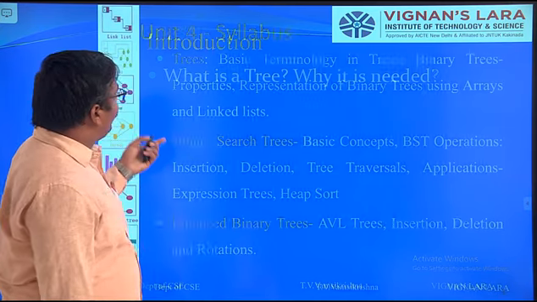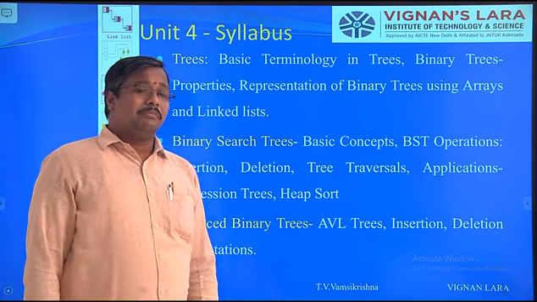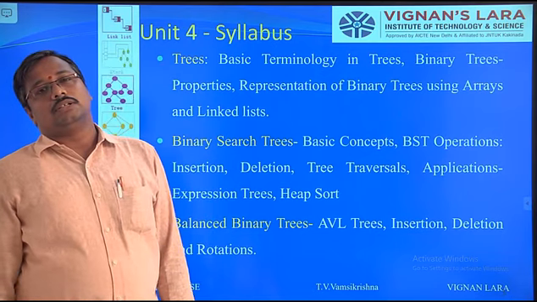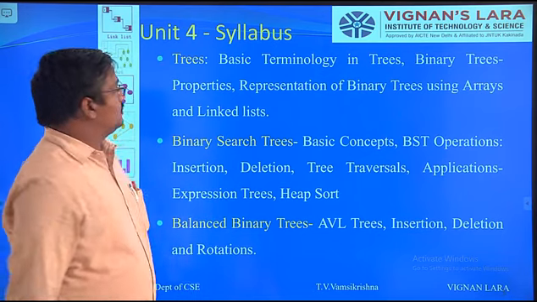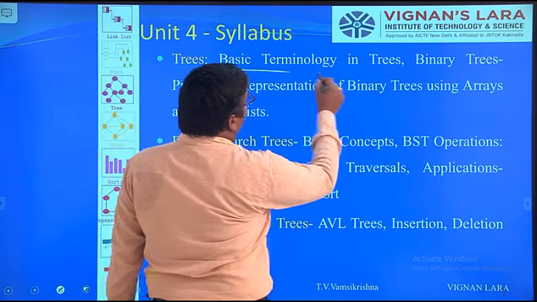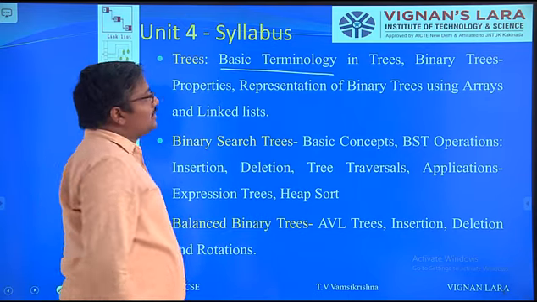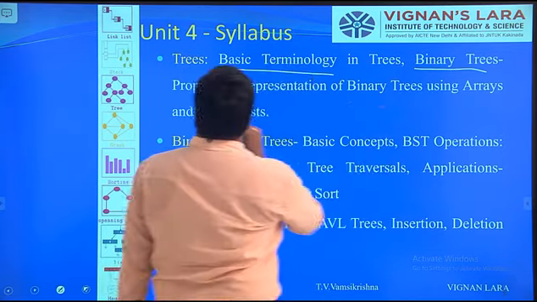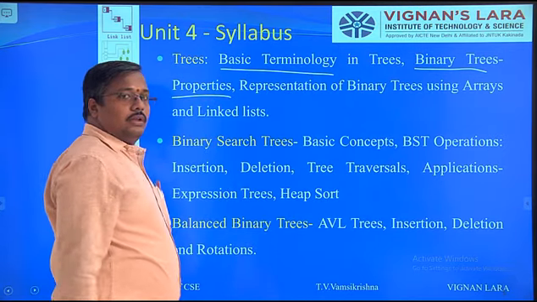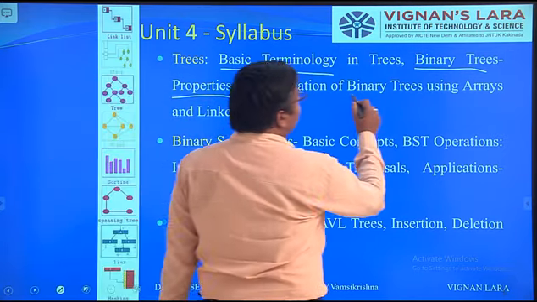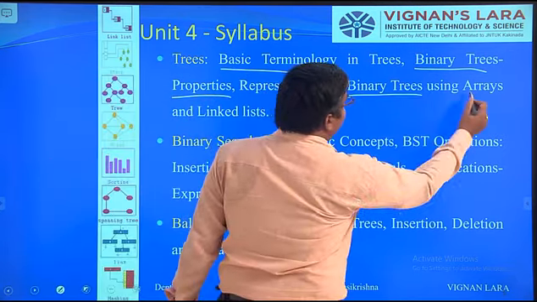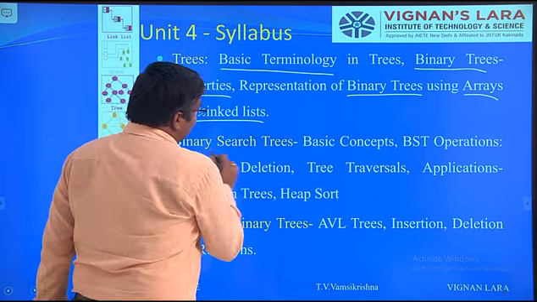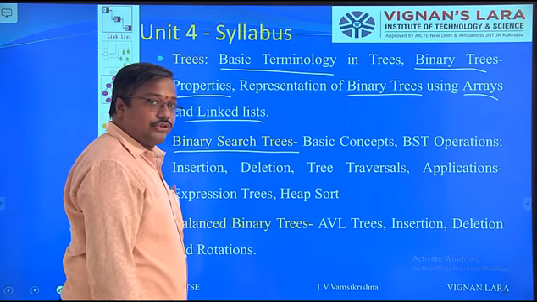In the unit 4 syllabus, we mainly cover three different kinds of trees. First we will go through the basic terminology of trees. Later, what a binary tree is and how to represent a binary tree using an array and linked list. Next, the second kind of tree, the binary search tree.